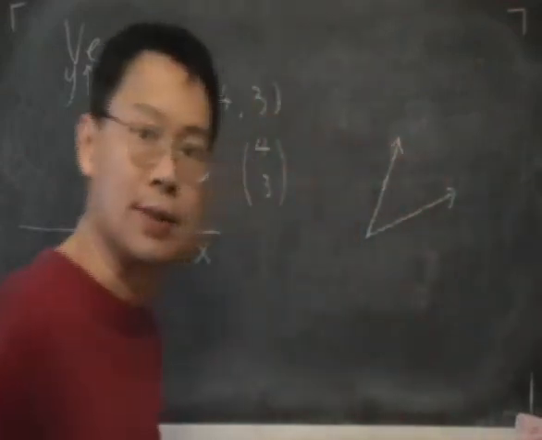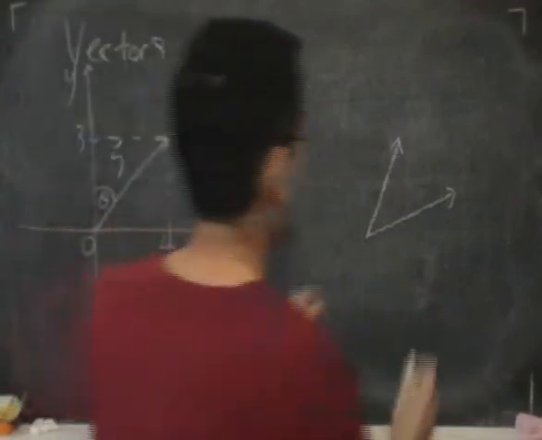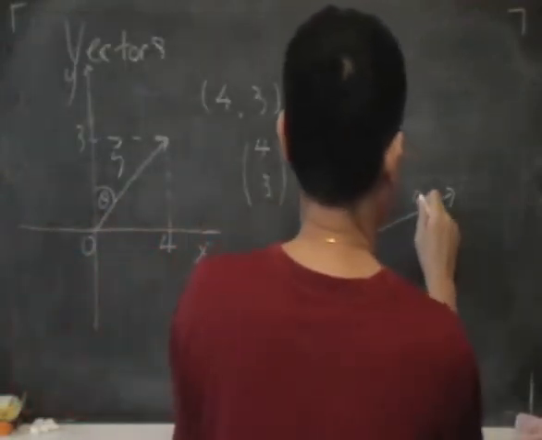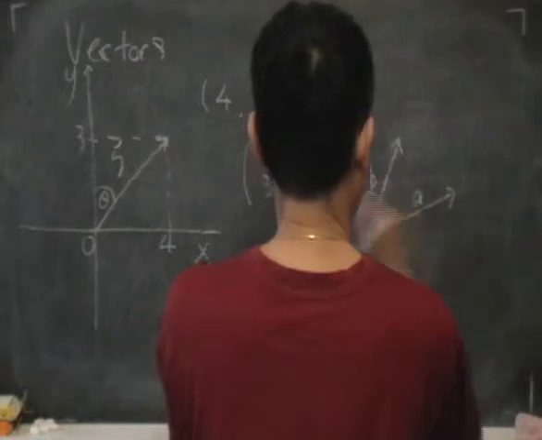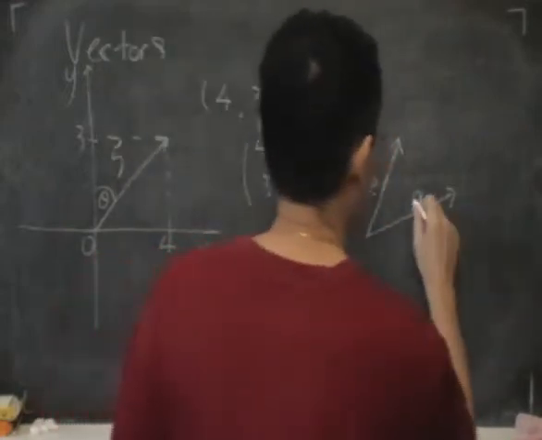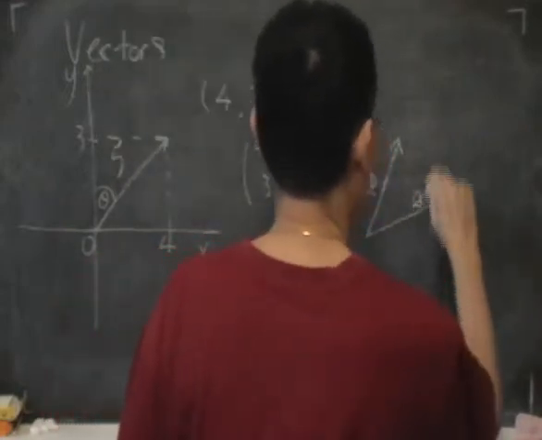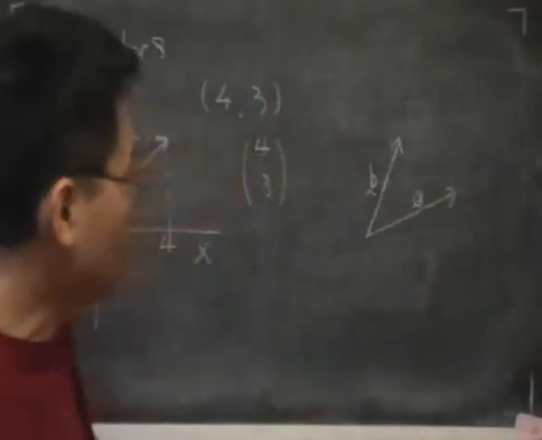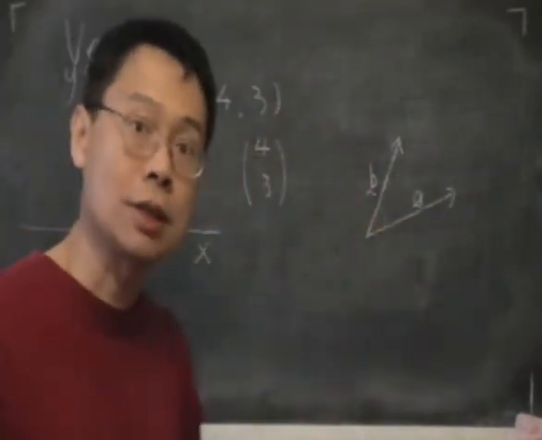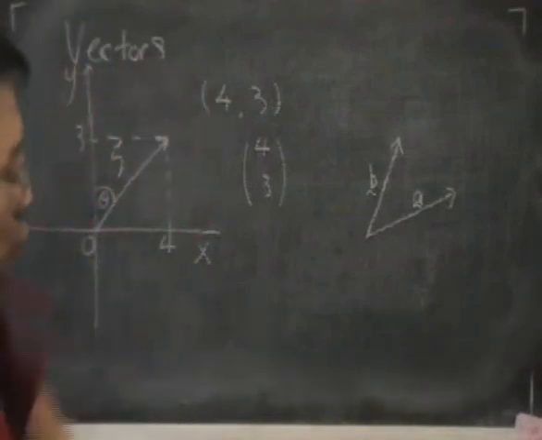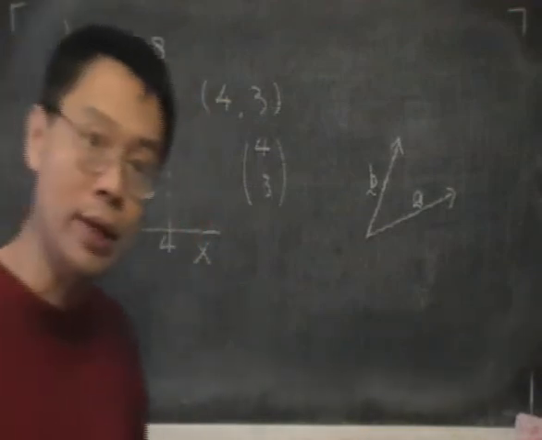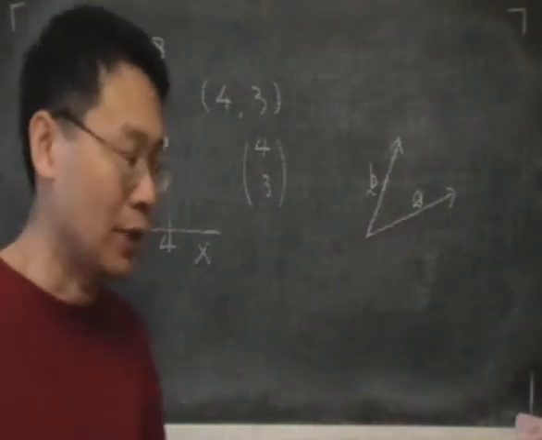Suppose I have two vectors, A and B. Okay, if you remember, I like to put a little squiggle below it to show that it's not just a number, but it's actually a vector. If I have two vectors, there are two ways to add the vectors.